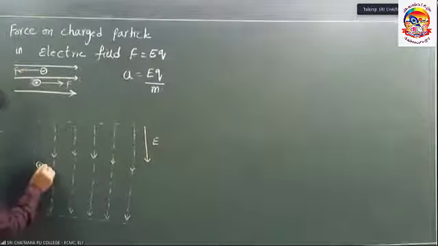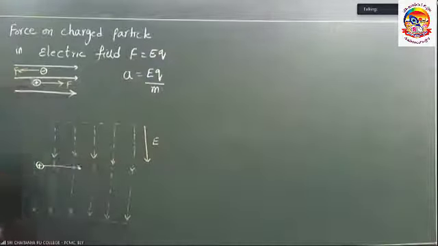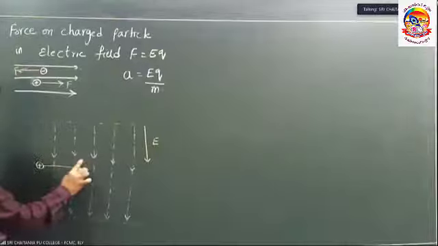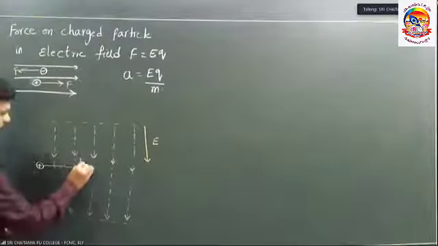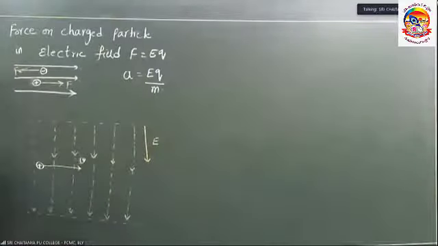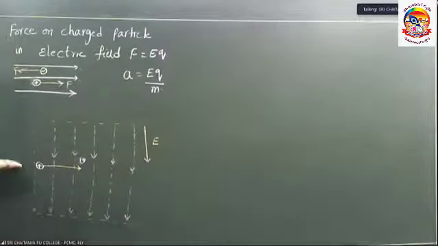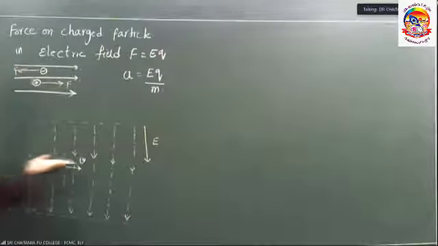It is released horizontally, like this, with a horizontal velocity v. How is the field? Vertically downwards. How did the particle enter the field?